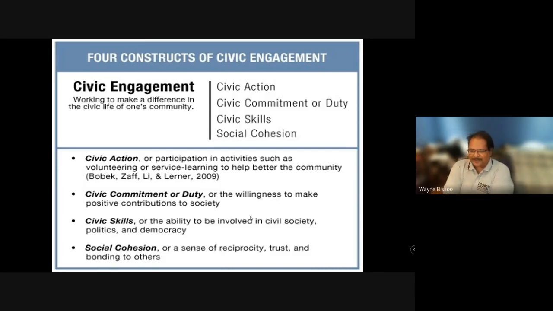But think about some of these activities here that are discussed or identified that you may have gotten engaged in. Any of you all engaged in any of these activities?